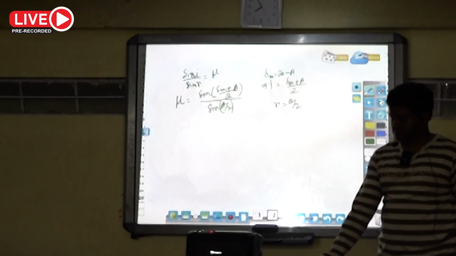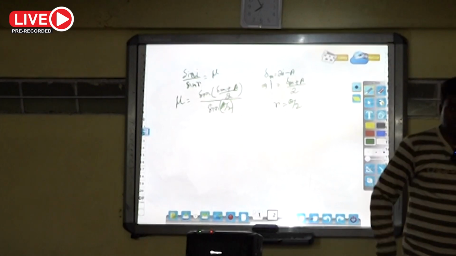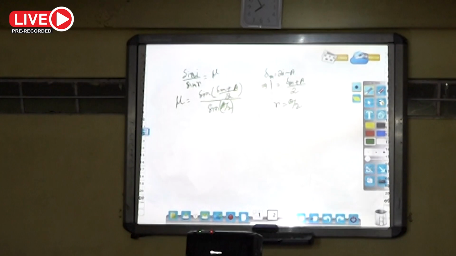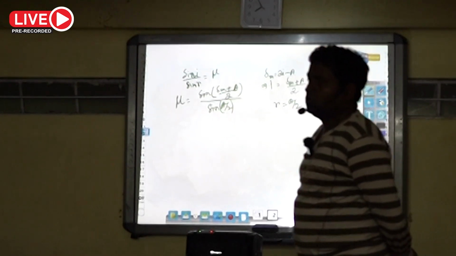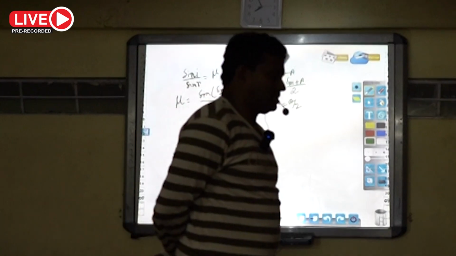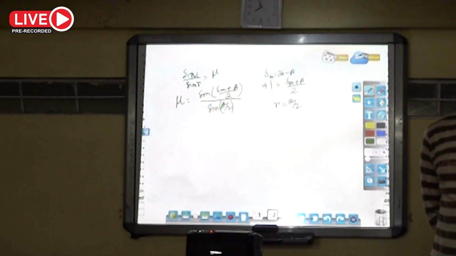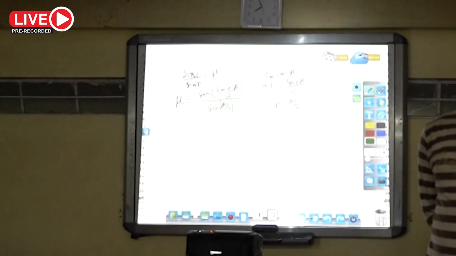Write down one problem. For a prism, when a monochromatic light passes through a prism, it is found that angle of minimum deviation is equal to the angle of prism.